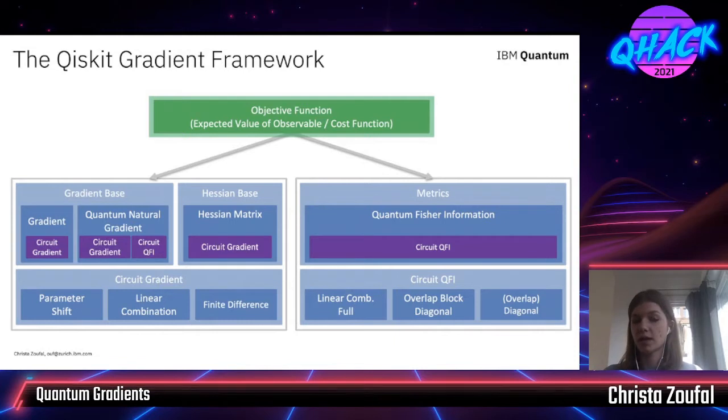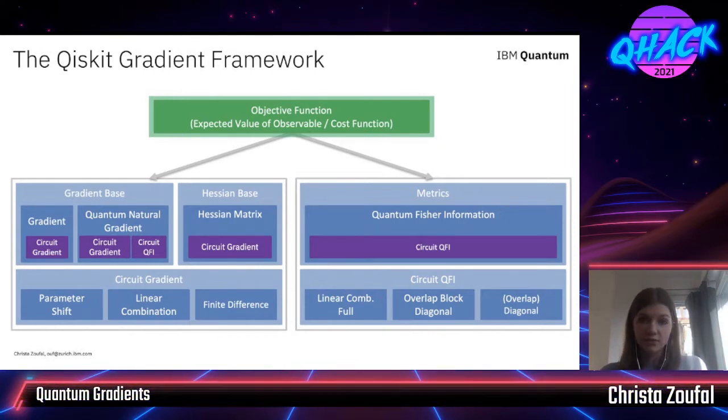So the circuit gradient methods that are currently implemented are, first of all, the parameter shift. Then we have a linear combination method in there and a finite difference approach where you perturb your parameters with a small epsilon and then recombine the results. For the parameter shift and linear combination, I will not say too much right now because we will learn more about them a bit later on.